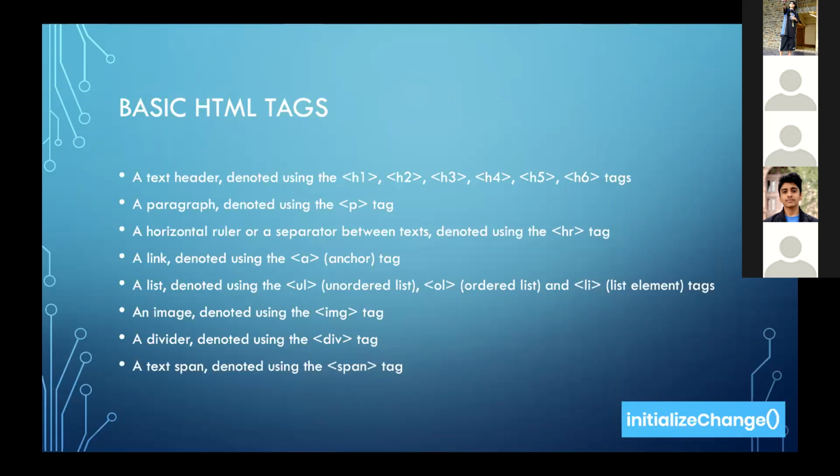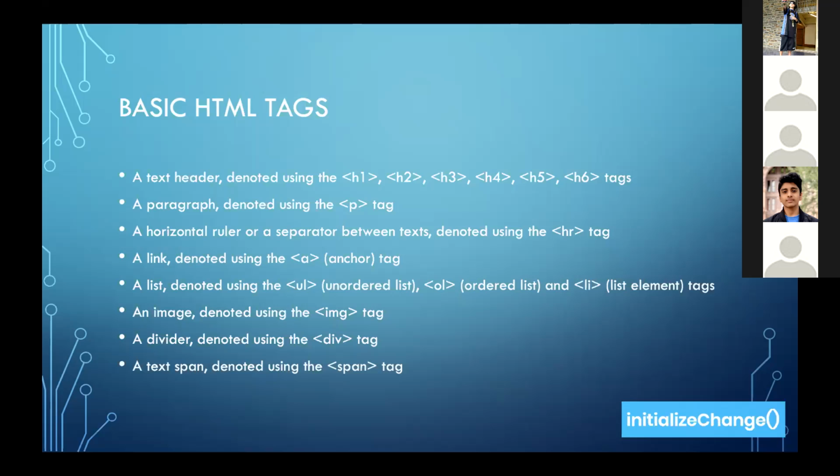So some basic HTML tags we want to teach you before we do the mini project later on, here are a couple of them that you might need to know for the future as well. So a text header is going to be H1, H2, H3, H4, H5, and H6 tags. Basically, they're just different sizes, right?